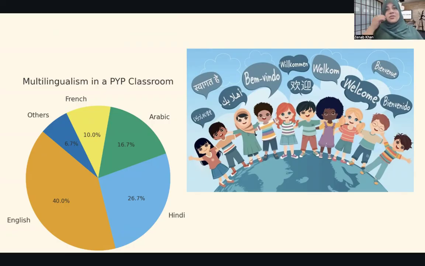So, this pie chart is more than numbers. It's a reminder that multilingualism is not a barrier, it's an asset, and our role is to leverage it as a strength in a mixed ability classroom.